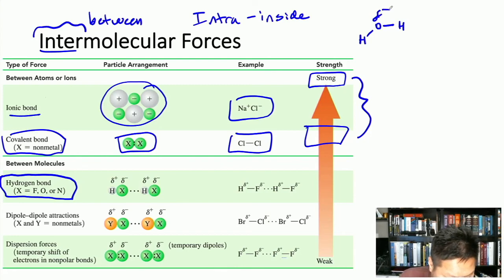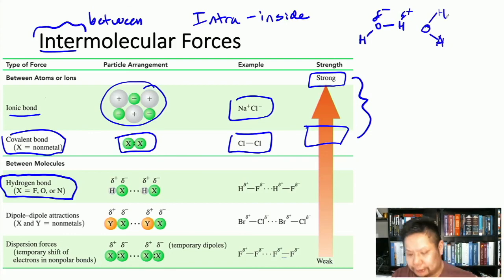And on the hydrogen side, right here, it has a partial positive. When that molecule comes close to another water molecule, maybe I can just draw that water molecule. There we go.